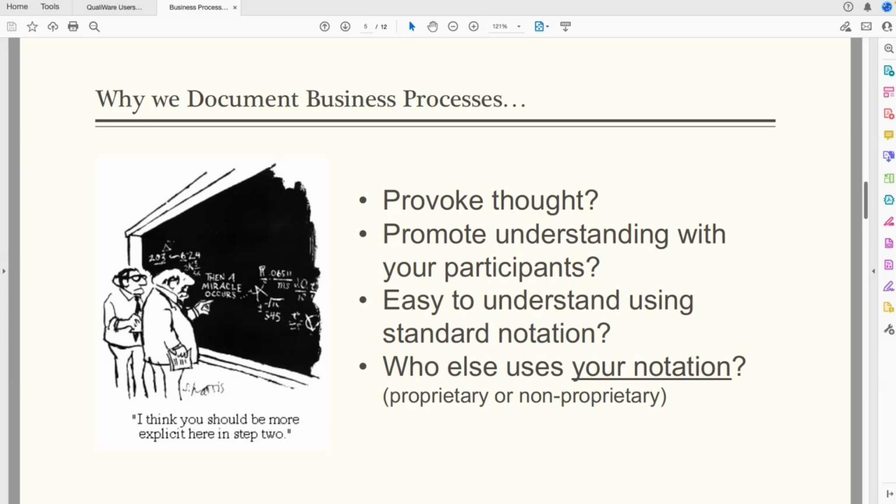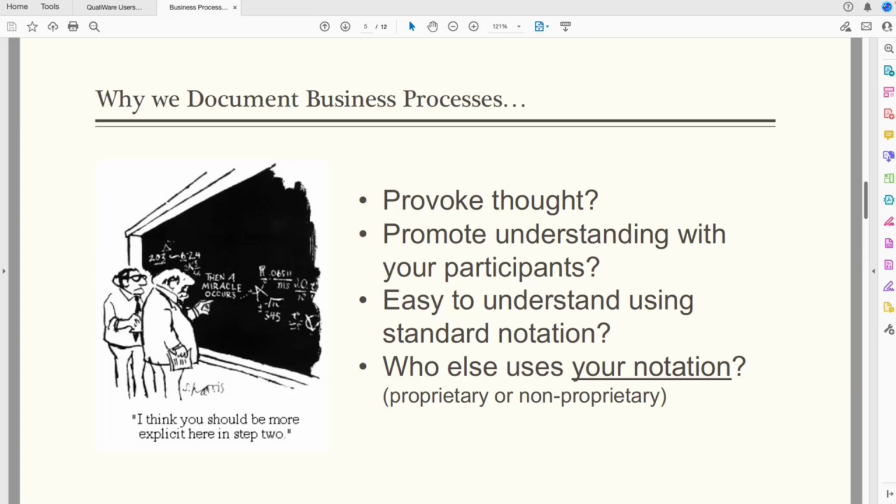I remember one time I was in a department talking with a DG that had just finished doing a process modeling exercise, brought in a third party to do it. And he was very proud of his models and showed me some. I looked at the diagrams and I looked back at them and I said, correct me if I'm wrong, but isn't this a proprietary notation?